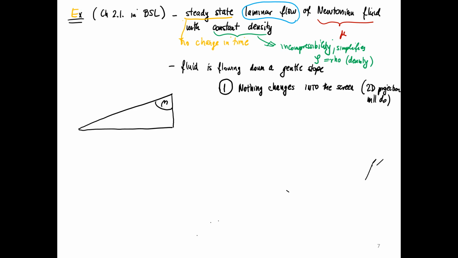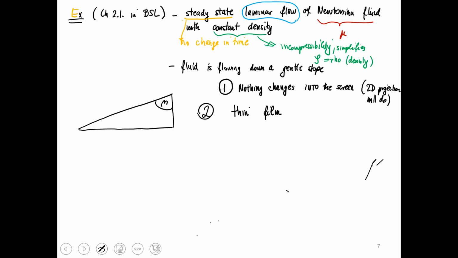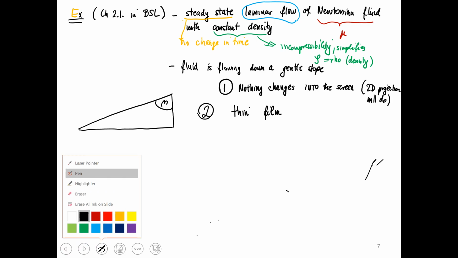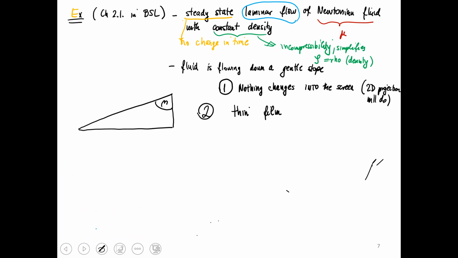I have a thin film, and I'm again going to exaggerate it. So second thing, I have a thin film of fluid. Film will be blue. It's water. And this is unfortunate, but the book uses delta for the film thickness.